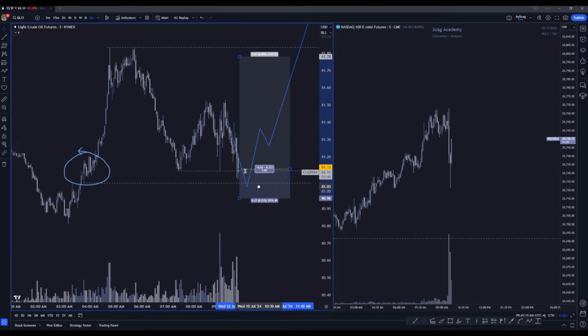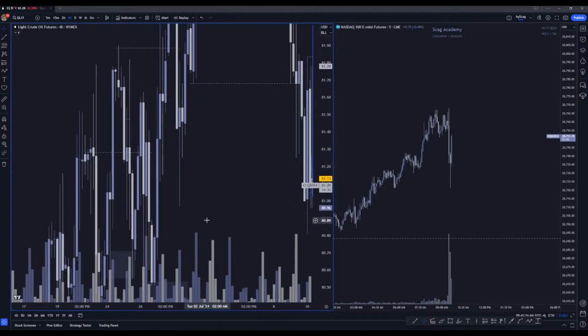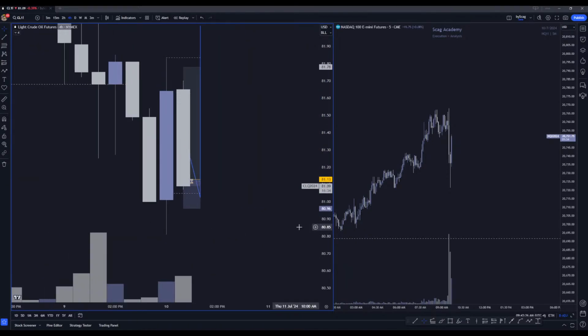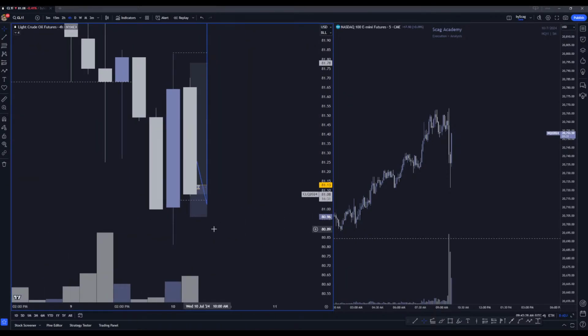I wanted to play a little tighter too. We're playing the 4-hour. Let me just make sure the 4-hour candle. If we start to get back up, I'm gonna have to take a little bit of risk on this, just for science reasons.